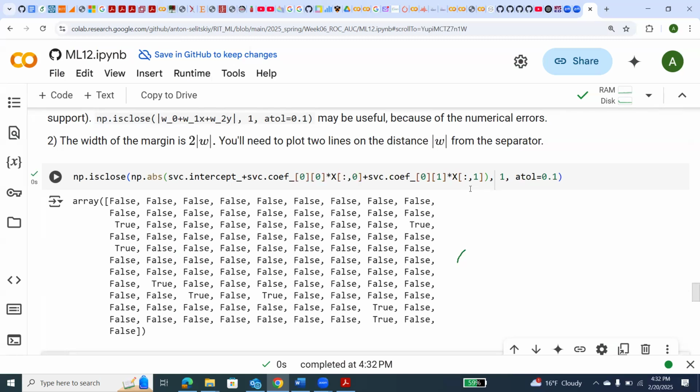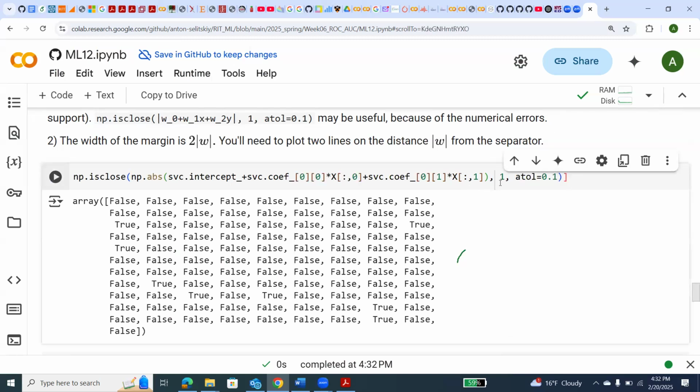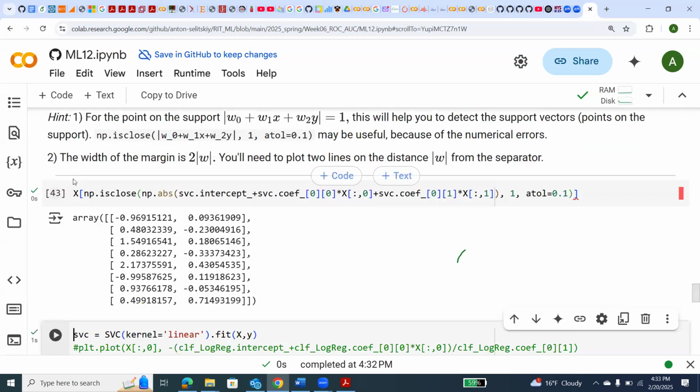So now I will just take these indices and this is the list of support vectors.